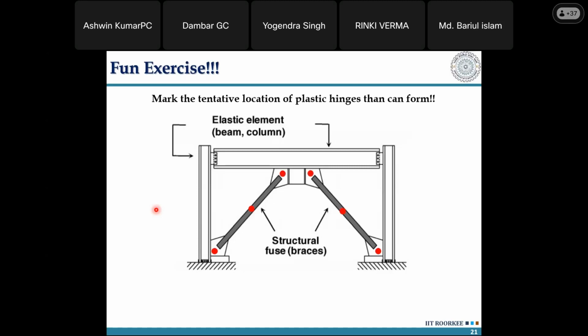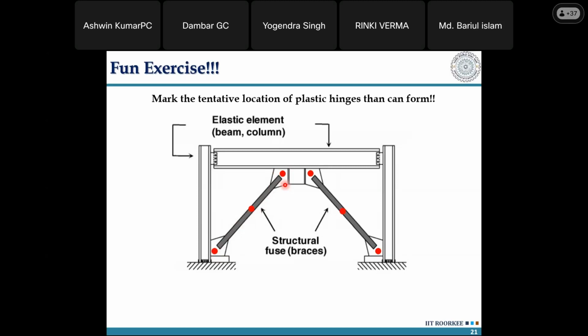The second is at the gusset ends. You can see the gusset plate here, and you can understand that the gusset plate is moving out of plane when the brace is going to buckle. The gussets are very thin plate elements. If you think of an 80 brace element, the gusset plate might be 3 to 6 thickness, so the out-of-plane stiffness of the gusset plates will be very low.